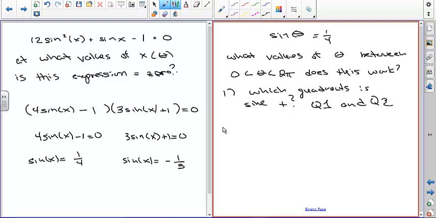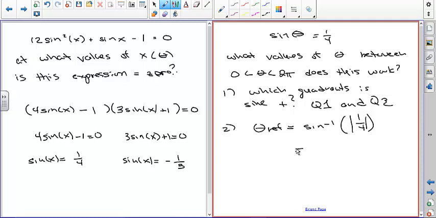Okay. The second part is, I guess we calculate the reference angle. So the reference angle is going to be equal to the inverse sine of the absolute value of 1/4, which is just 1/4. So we plug that into our calculator. Make sure we're in radians.